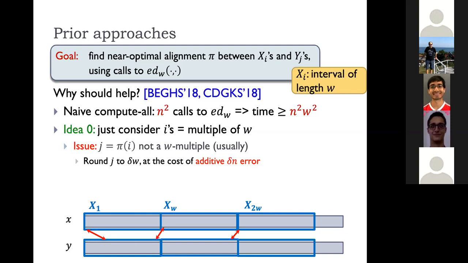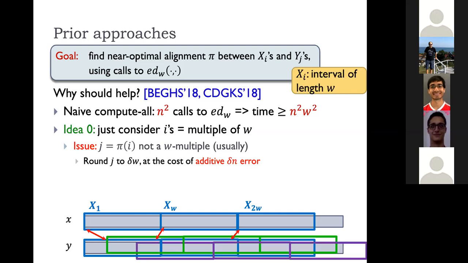In particular, in the other string, in y, instead of taking all the integer multiples of w, we'll take all the start positions which are integer multiples of delta w. And think of delta as being a small constant or a little bit less.